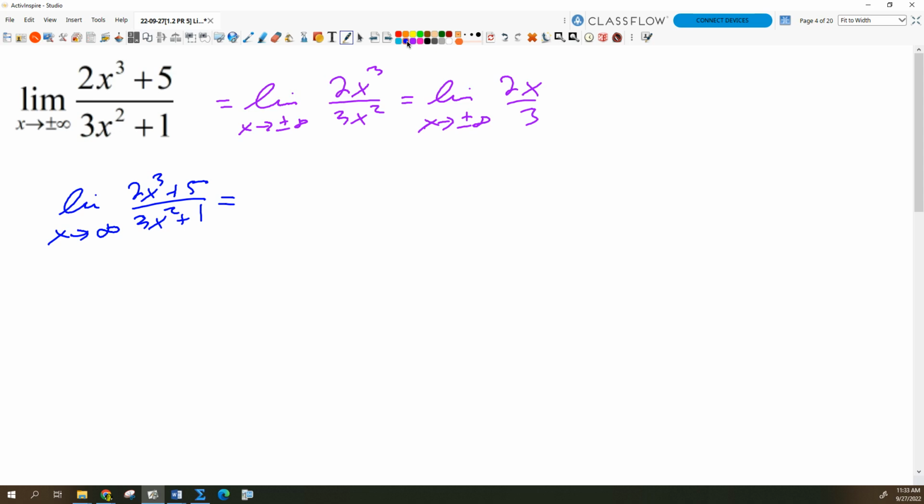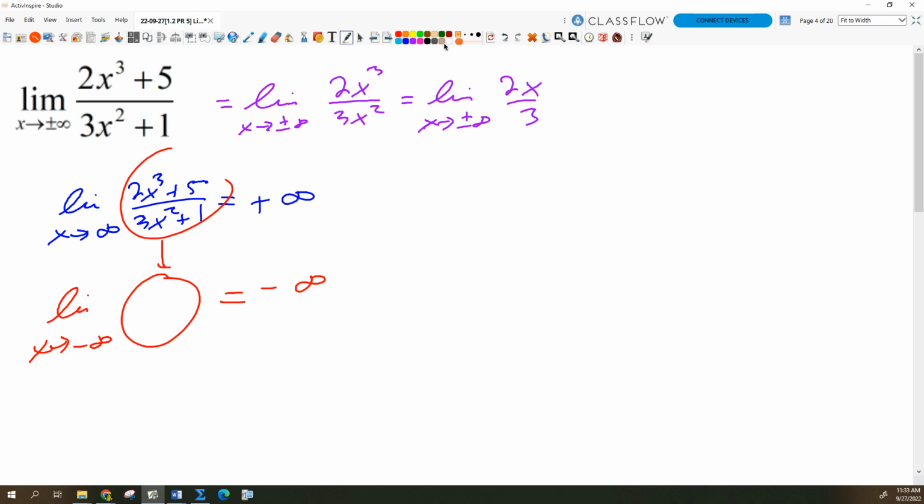Positive infinity. Agreed? Okay. The limit of that whole thing as x approaches negative infinity is going to be what? Negative infinity.